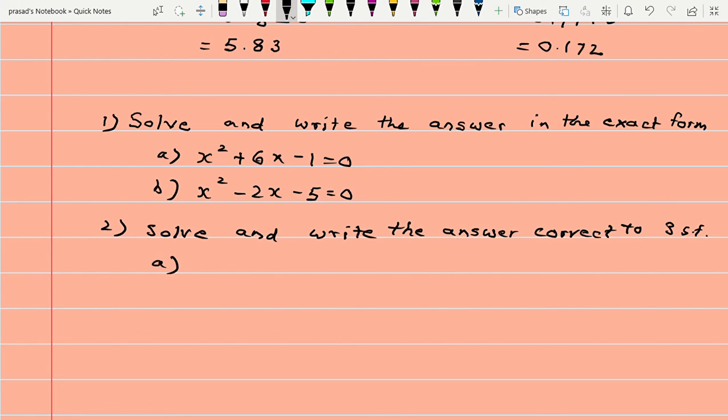So 2x square minus 6x minus 5 equal to 0 and 3x square minus 18x minus 10 equal to 0.